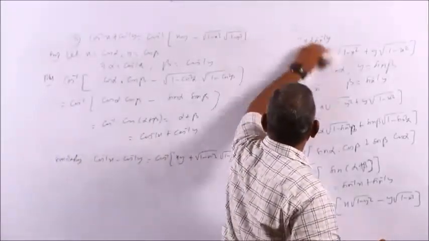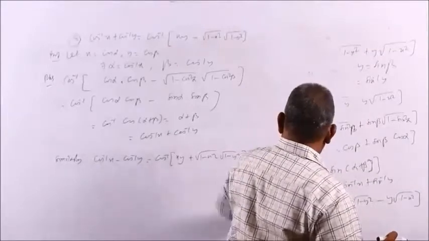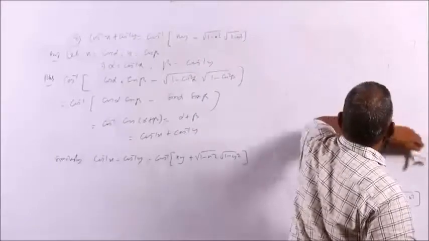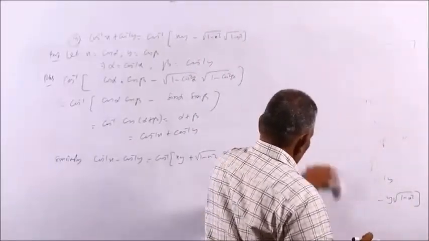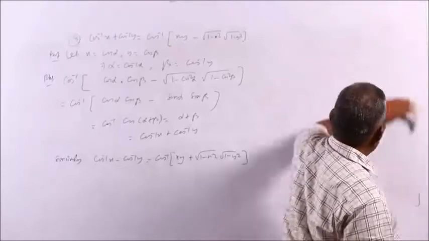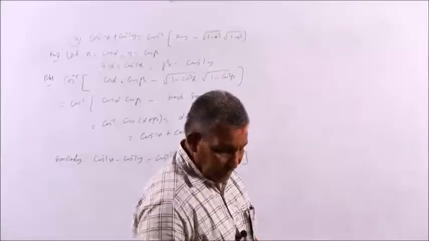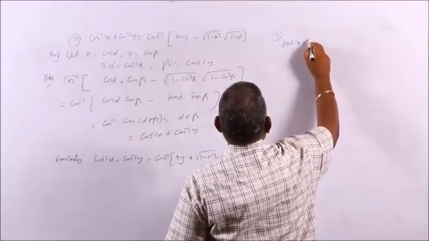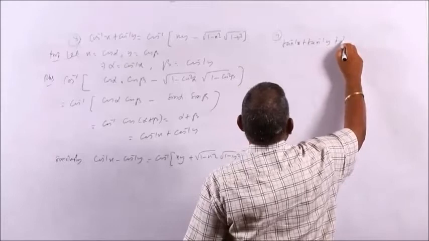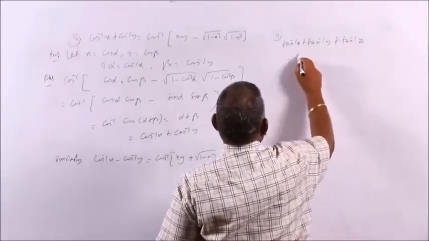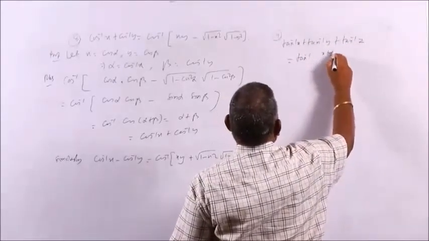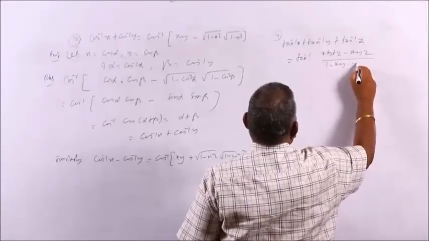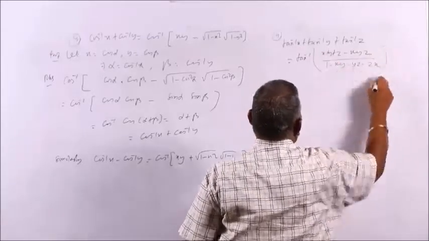Next property is tan inverse x plus tan inverse y plus tan inverse z. Three inverse trigonometric functions will be involved. Tan inverse x plus tan inverse y plus tan inverse z equals tan inverse of x plus y plus z minus xyz divided by 1 minus xy minus yz minus zx.